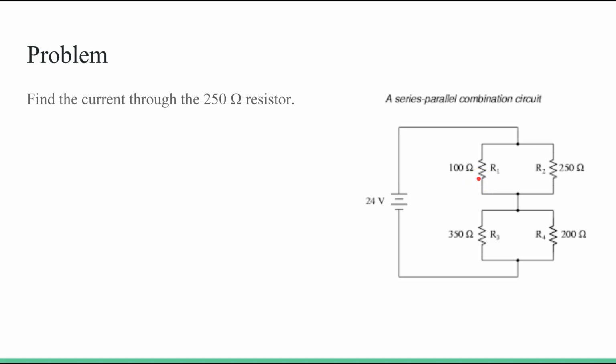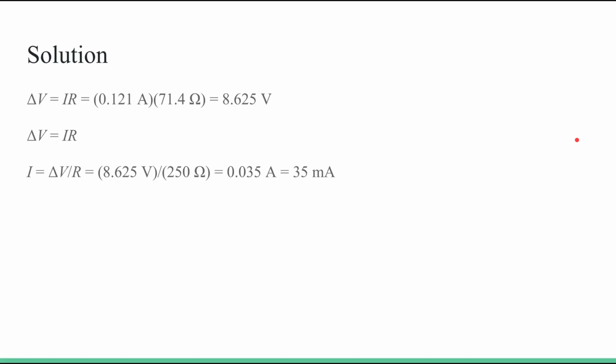And if you break it up, since the voltage drop is the same across parallel components, the voltage drop across R1 over here and the voltage drop across R2 over here will also be 8.625 volts. So if you want to find the actual current through the 250 ohm resistor, you know the voltage, you know the resistance, and you also know the voltage drop, 8.625 volts. So substitute that in, and you get 0.035 amperes, or 35 milliamperes.